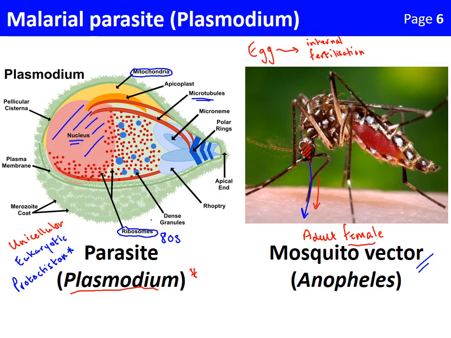The female mosquito will then lay her fertilized eggs on stagnant water, so ponds or lakes. And then what happens is they develop into larvae, and the larvae then develop further into new mosquitoes, and they'll fly off, and the adult females will take a meal off humans, and that can increase transmission of malaria in this population, in this area.